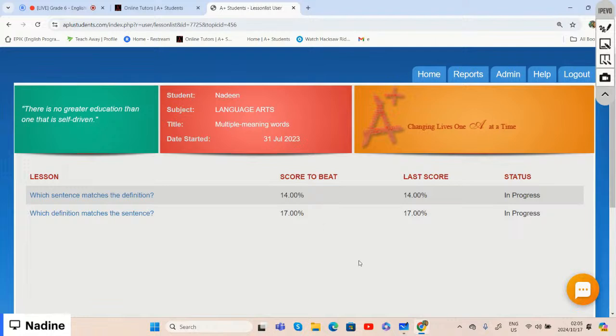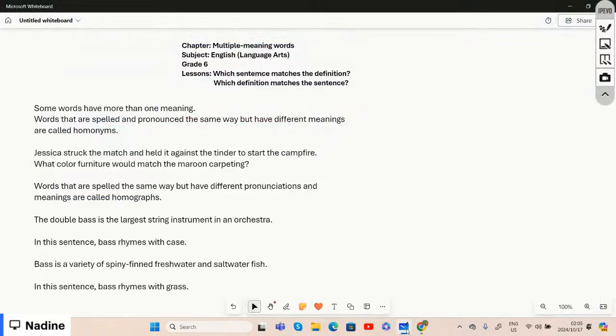All right. So our chapter is multiple meaning words. Our subject is English language arts. We're doing grade 6.